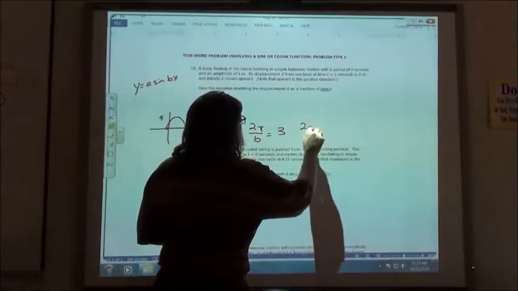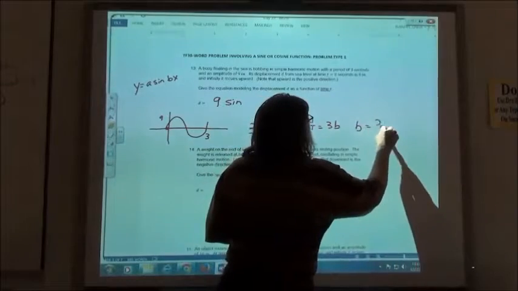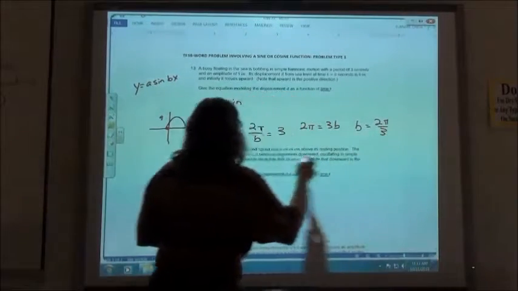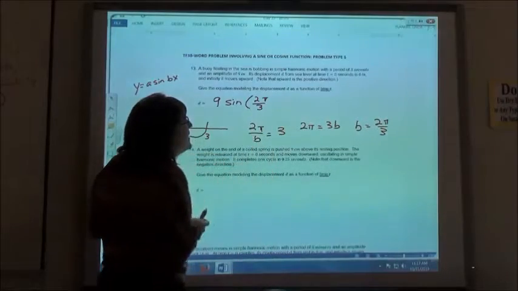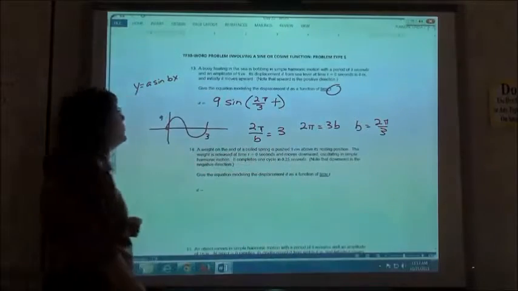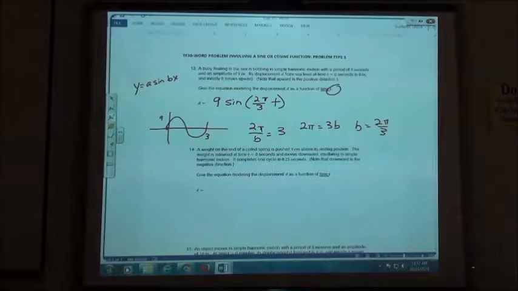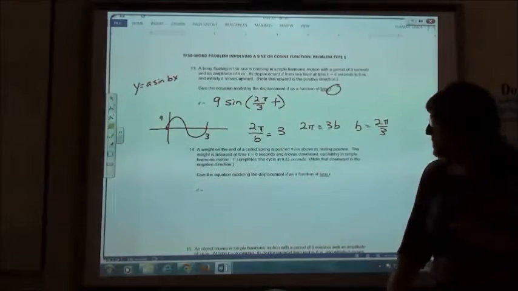So I'm going to have 2 pi equals 3b, so b is going to equal 2 pi over 3. So I'm going to have 2 pi over 3, and instead of using an x, I'm using a t. And so d is equal to 9 sine of 2 pi over 3 t. Our t wants to look like a plus sign, but something like that.